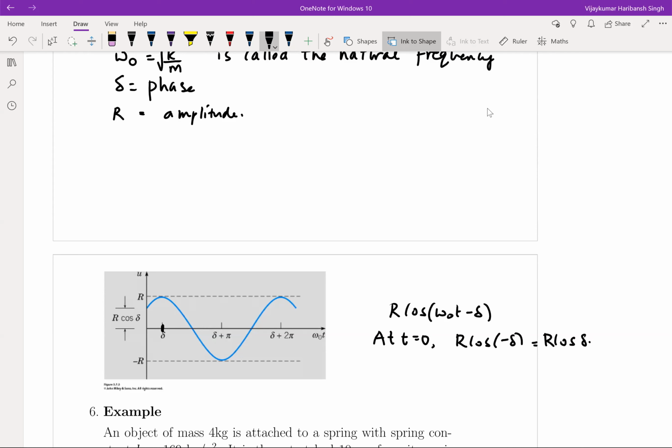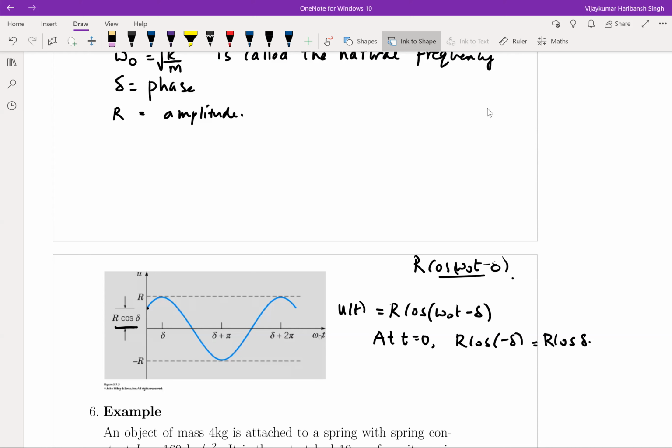So you see at time t equals 0, this value is R cosine delta. Now, you should think about this as cosine of omega naught t multiplied by R, so the amplitude increases, and then minus delta is the phase difference.